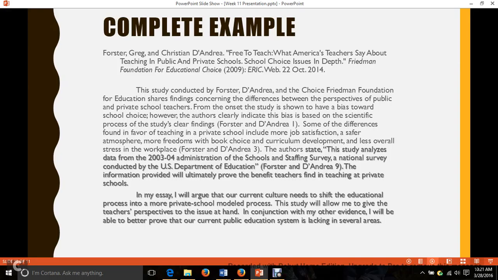It's not super long, but it's basically sharing how this particular source will work in my upcoming academic research paper. So how will I use it? And this would be a complete annotation for 1 out of the 5 sources that I would use in my essay 4.